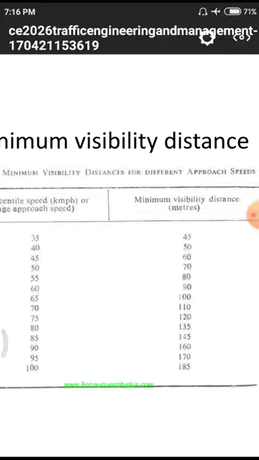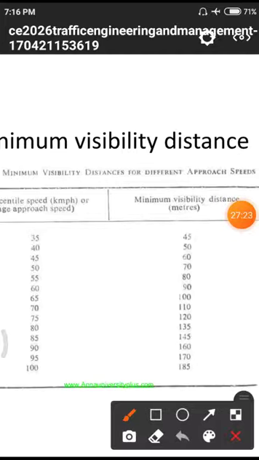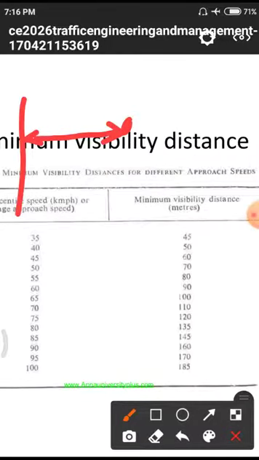That means from a particular junction we need to give a 45 meter distance. The traffic light will be 45 meters from the entrance point of a road.